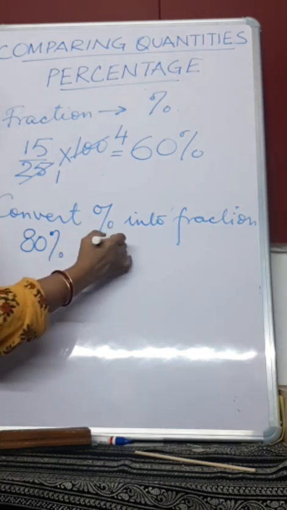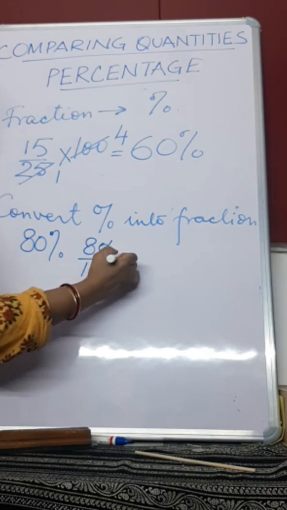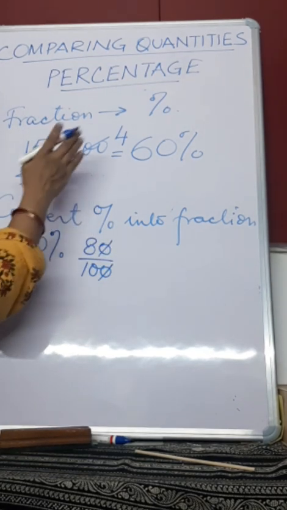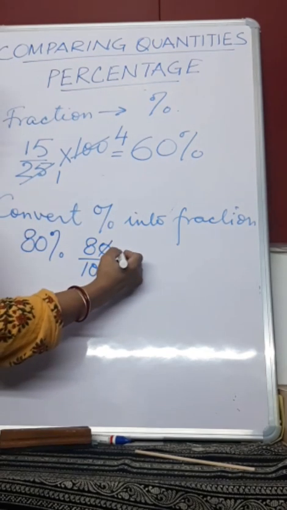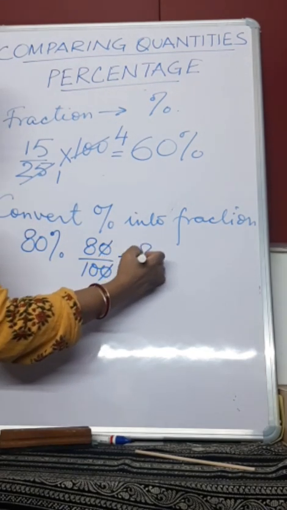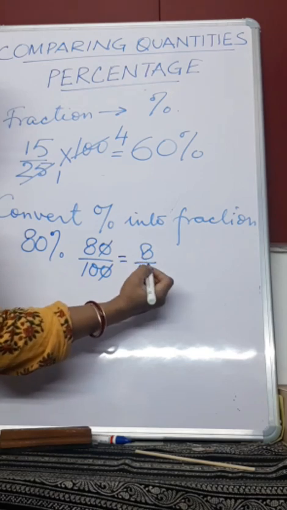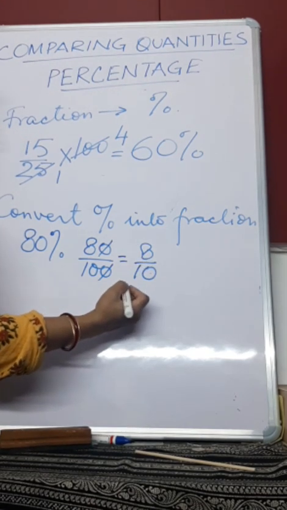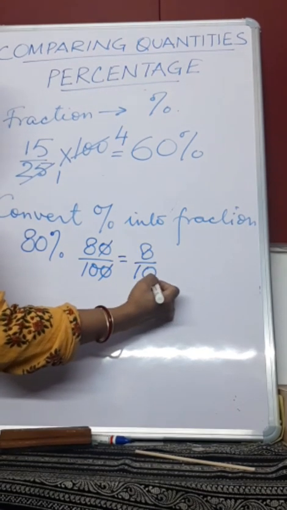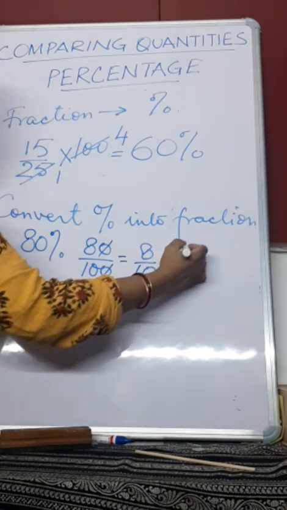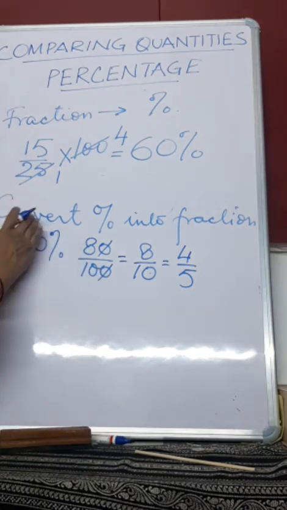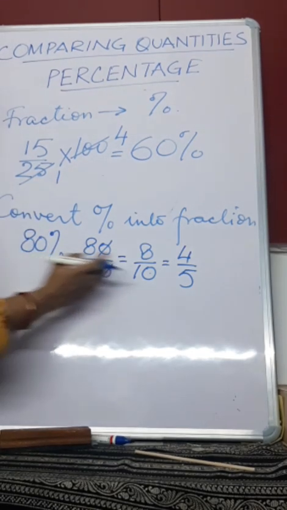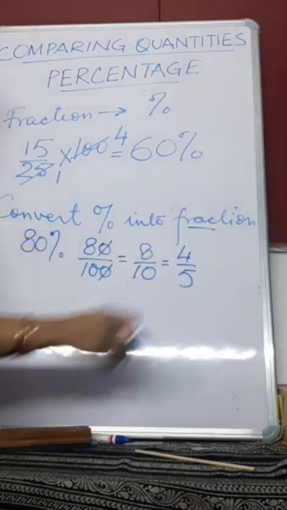Now we can cancel it. Children, for cancellation and changing it into decimal, please refer to the videos of decimal and fraction. Now this is 8 by 10. We can reduce it further by dividing it by 2. So I get 4 by 5. This is how we convert the percentage into fraction.